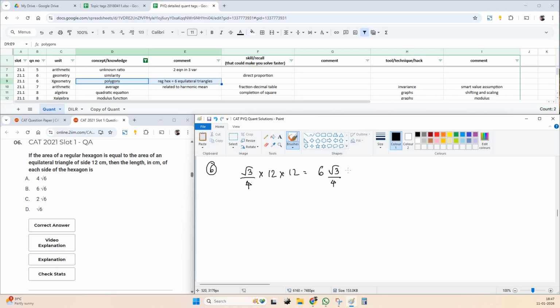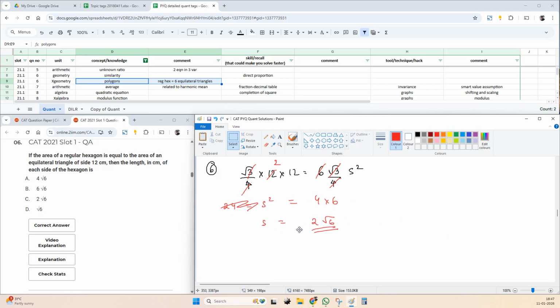It's 6 root 3 by 4 side square. That's what we have. What do we do? We just cut the root 3 with the root 3, the 4 with the 4, the 6 with the 12, and you have a 2. So you have S square is equal to 24. 24 is basically 4 into 6, right? So then S would be, 4 will become 2, 6 will become root 6. That is all you need to do to solve this question.